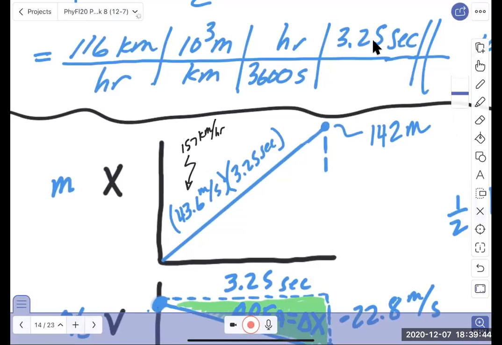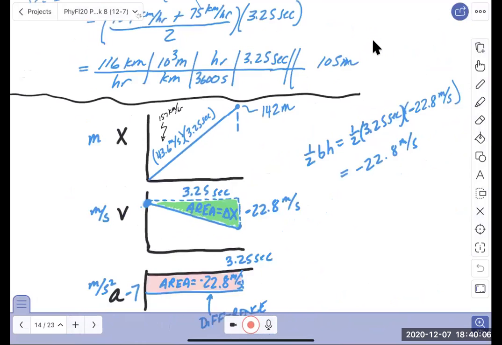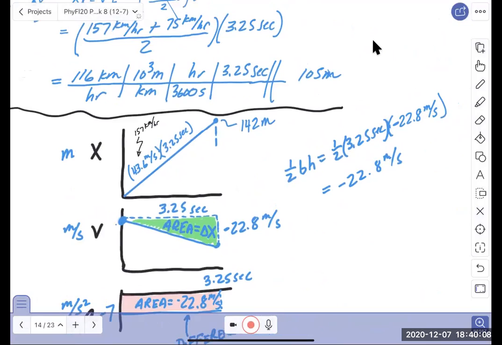What that negative acceleration did was it made this green triangle, and it pulled away some of the position that I would have gained. So instead of getting 142, the green area is 22.8, 1/2 base times height.